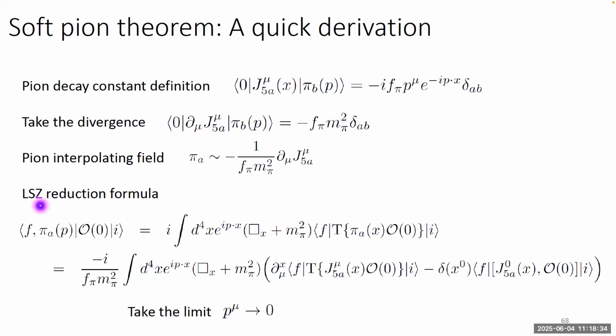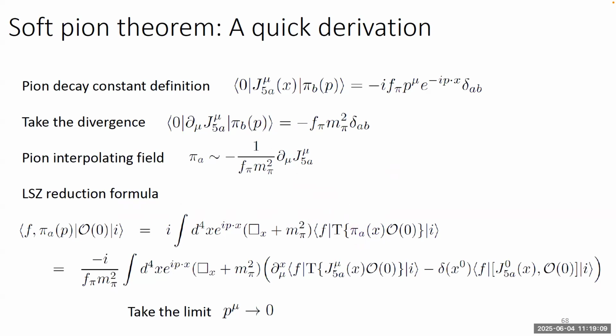Now, you use the LSZ reduction formula. You consider the generic scattering amplitude where you have a pion in the final state, and you have the usual reduction formula, except that the pion field I can replace with this effective interpolating field. So I have a divergence of the axial current here, and then I can pull out this divergence outside this time ordering procedure.